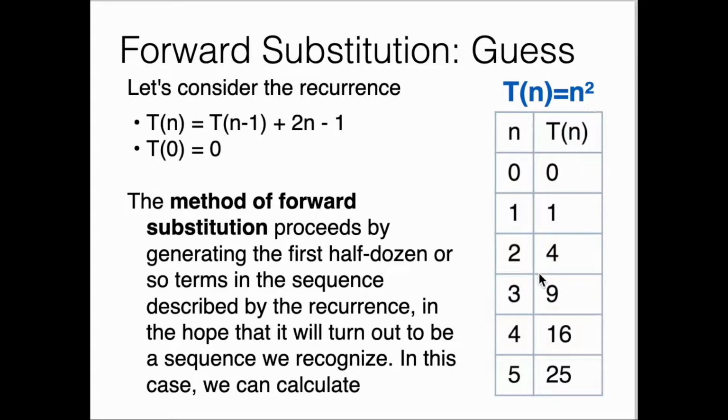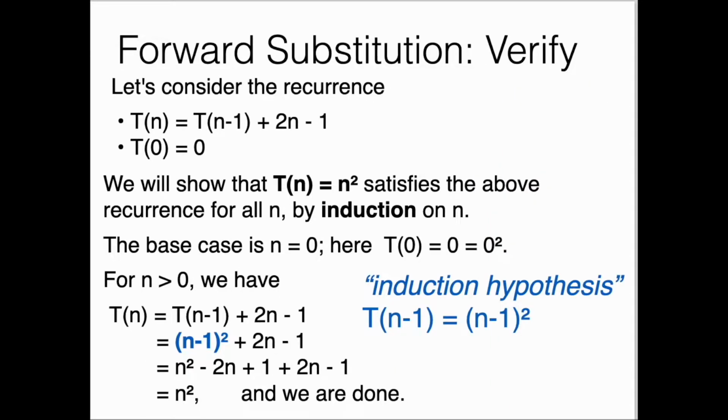Once we have a guess, we will use mathematical induction to verify if our guess is actually correct. Just to recall, the process of mathematical induction needs a base case and the corresponding induction hypothesis. For the base case, let's use our evaluation for T of n with n equal to 0.